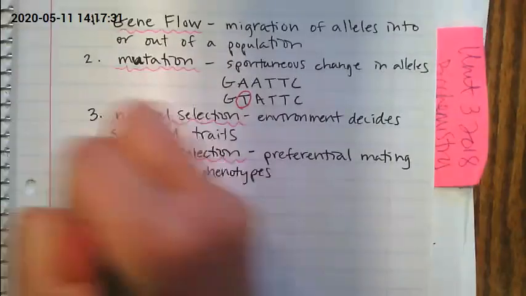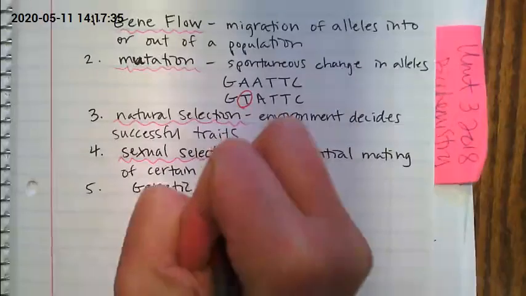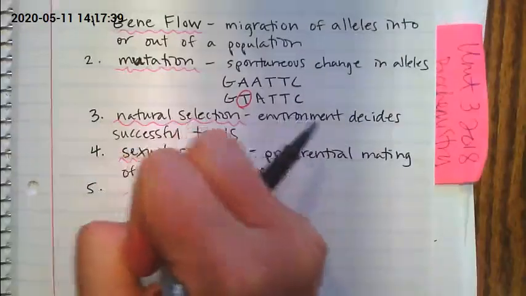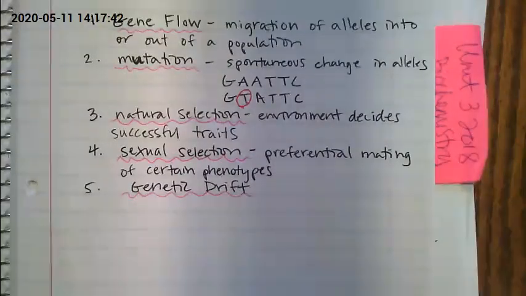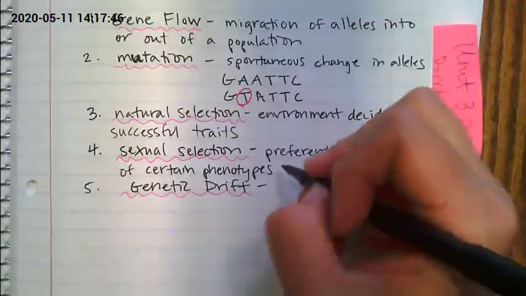And then the last mechanism is something called genetic drift, which I think is, well, all the other names kind of match what the mechanism is. I'll explain it, but I don't think the name of it makes sense.